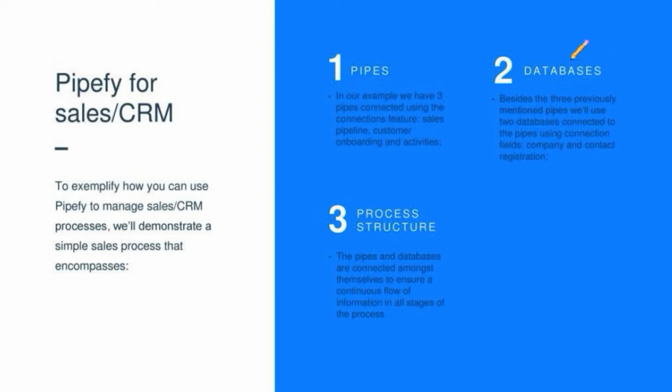Besides the previously mentioned pipes, we'll use 2 databases connected to the pipes using connection fields: company and contact registration. Also, in our process structure, the pipes and databases are connected amongst themselves to ensure a continuous flow of information in all stages of the process.